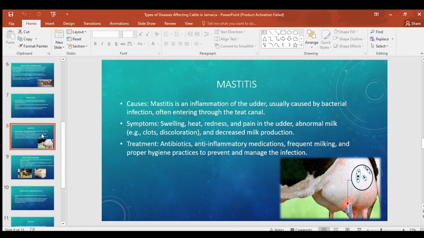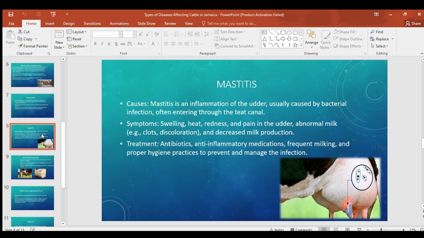Next on the list is mastitis. Mastitis is basically inflammation of the mammary gland. Usually this is caused by bacteria, often entering through the teat canal. Cases of this occur when the animals are milked and then there are no proper post-milking procedures.